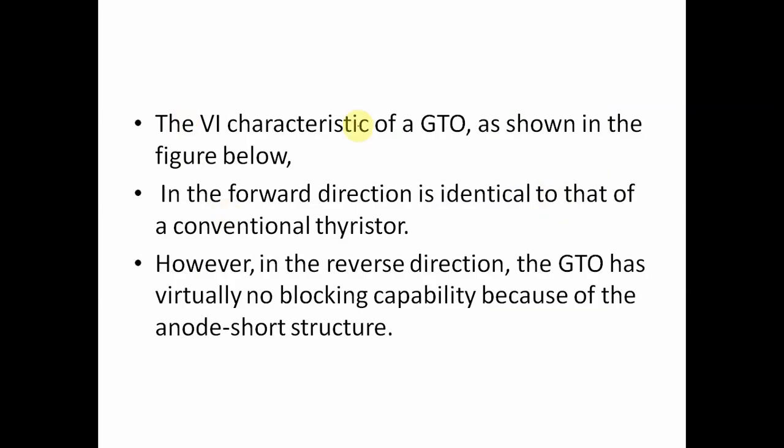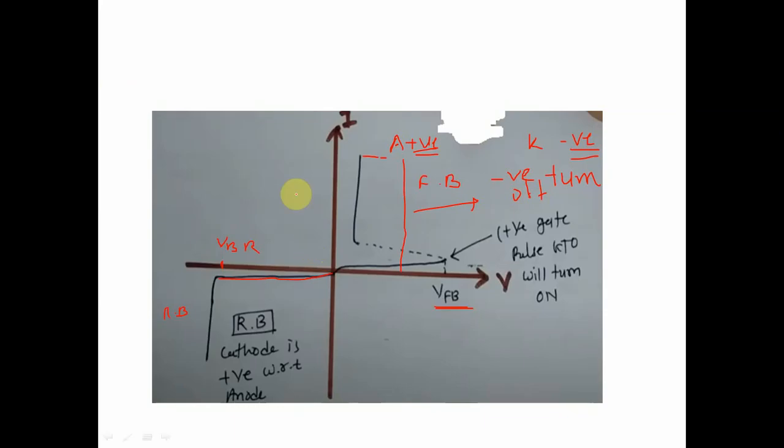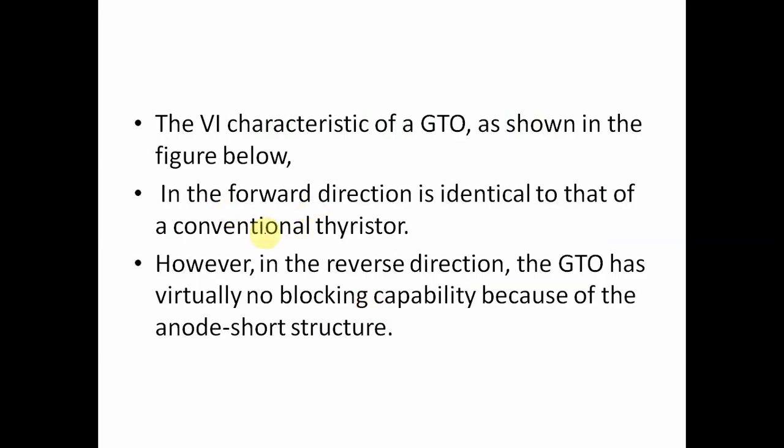See here, the VI characteristics of a GTO as shown in the figure in the forward direction is identical to that of the conventional thyristor. But in the reverse direction the GTO has virtually no blocking capability because of the anode short structure.